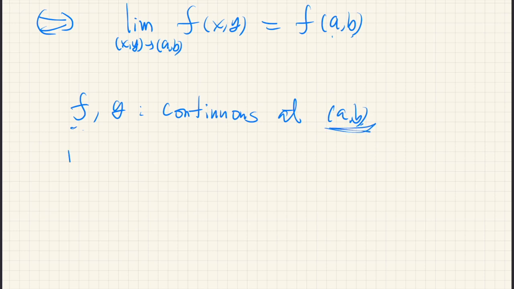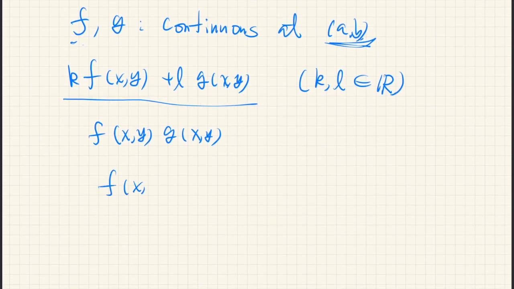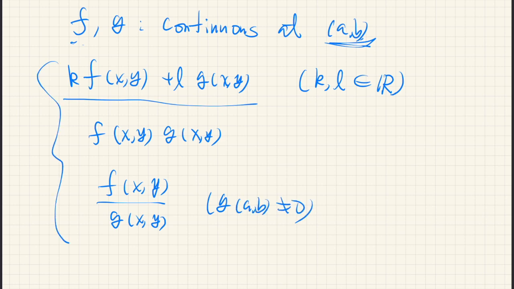In that case, any linear combination of these functions, where k and l are real constants, and the product of these functions, and quotients of these functions, as long as the denominator is non-zero, are all continuous at a, b.